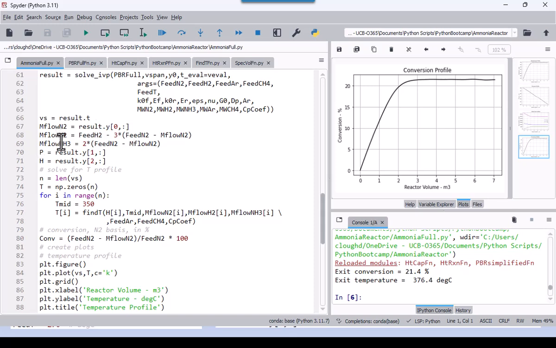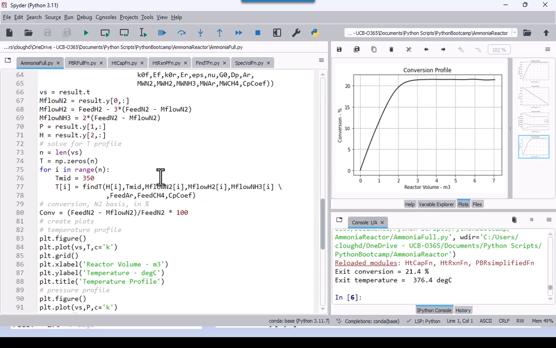We can get the hydrogen and ammonia by using array formulas based on the result for the nitrogen flow, the pressure, and we get the enthalpy here, which we expect to be constant.